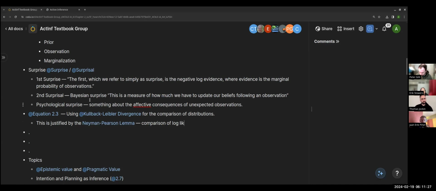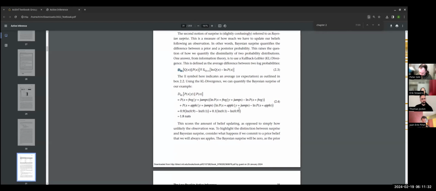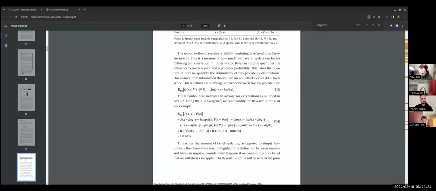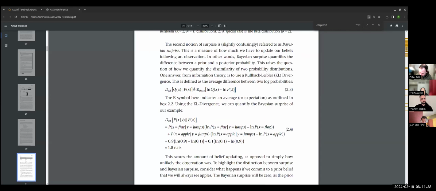So here on page 20, we see the definition of Kullback-Leibler divergence in equation 2.3, and then it's applied to the example from figure 2.1 in order to calculate the difference between the posteriors and the priors from that example.